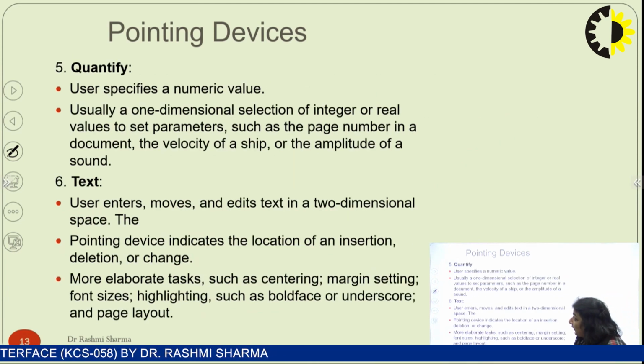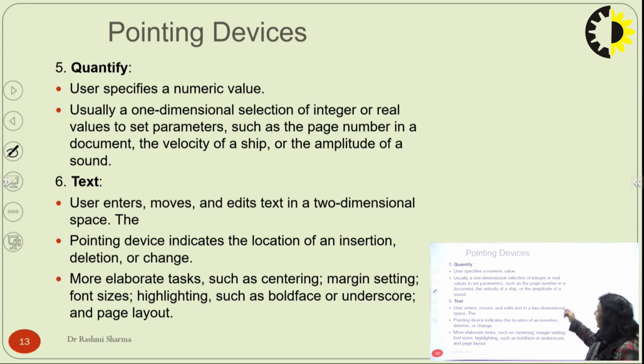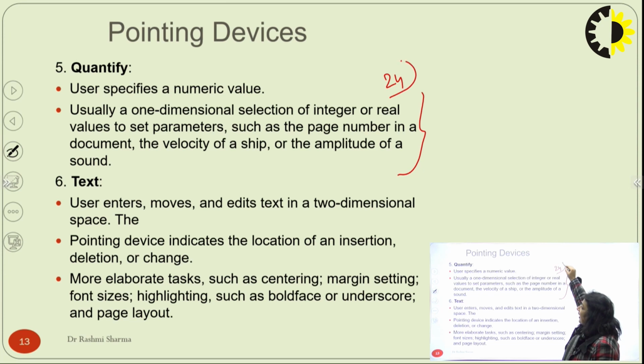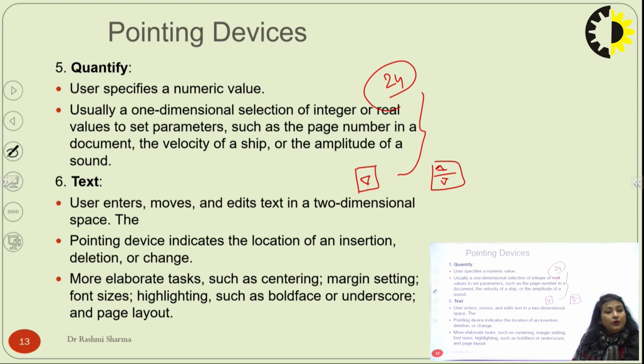Then comes the quantify. The user specifies a numeric value. This quantification is, for example, the font size which I have taken, which is 24 here. So that is the quantity which I have quantified. It may be by selecting from a drop down list, or by the up arrow key when you have these rolling pointers.